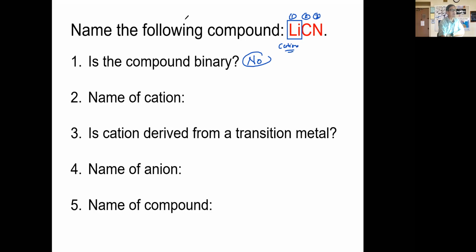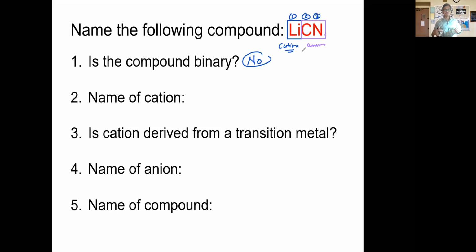That means the rest of this compound right here represents the anion. So the CN is going to be our anion.